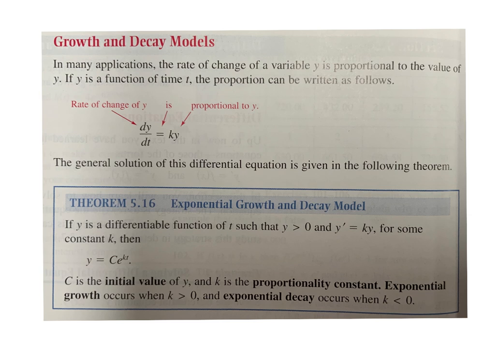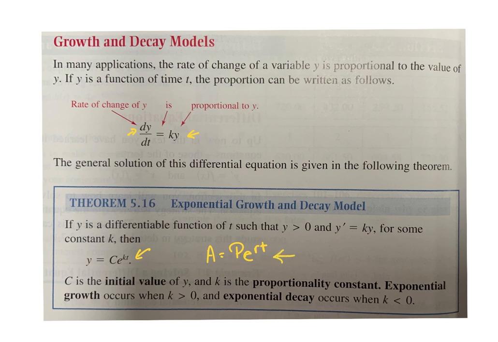Rate of change. So the rate of change is proportional to y, which is where we have this exponential growth, which should look just like this one. So those should look the same, because they are, right? You have exponential growth.